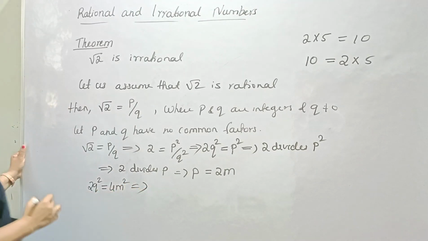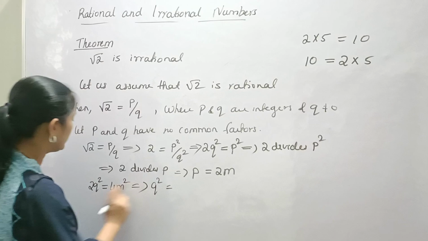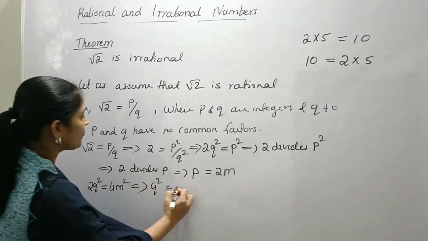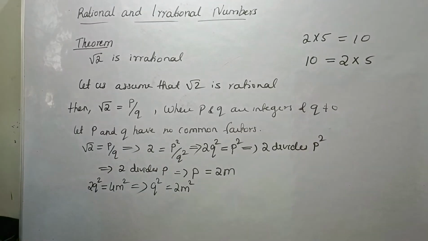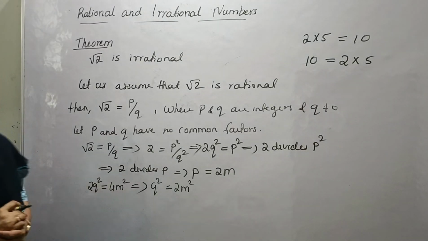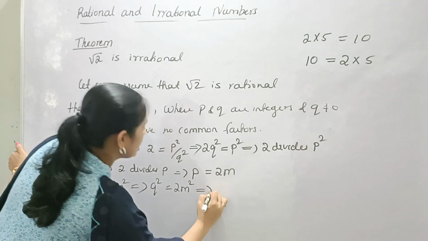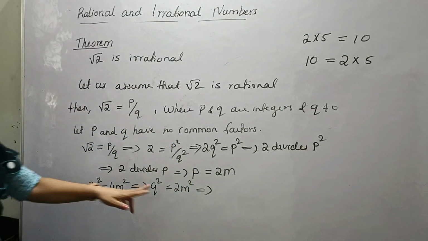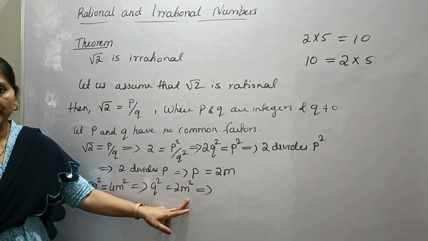That implies 2 cancelled, so q square is equal to 2m square.